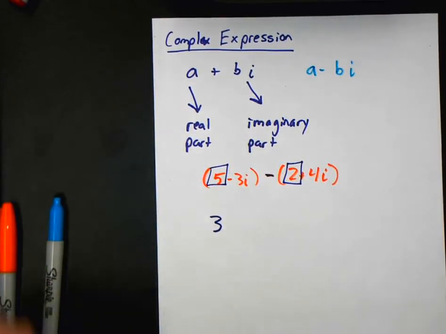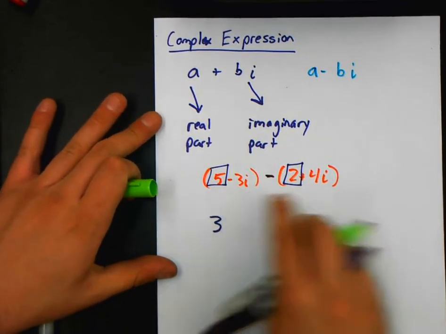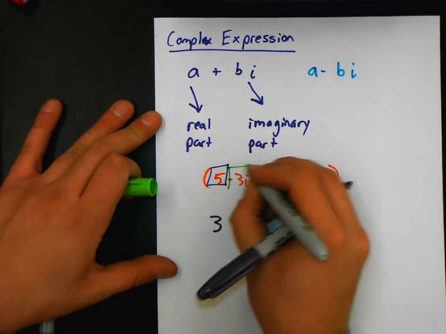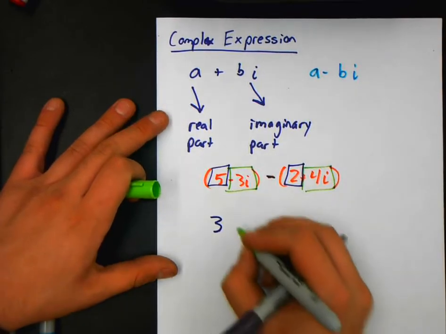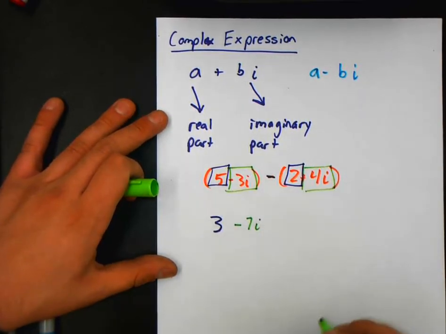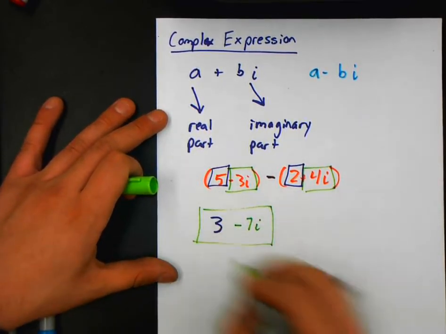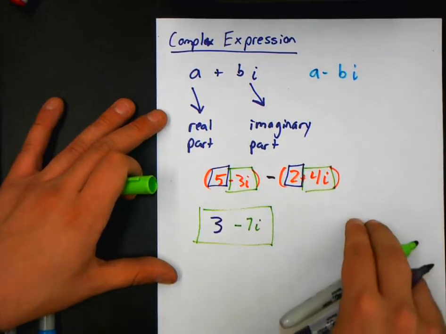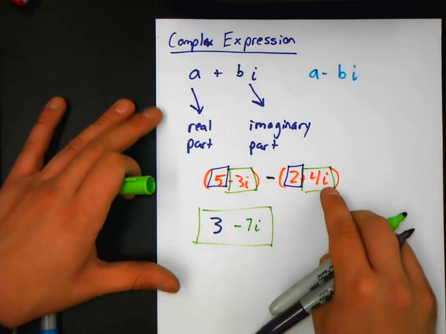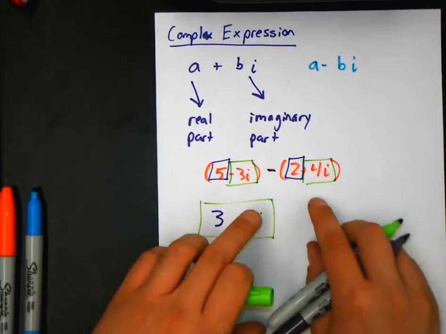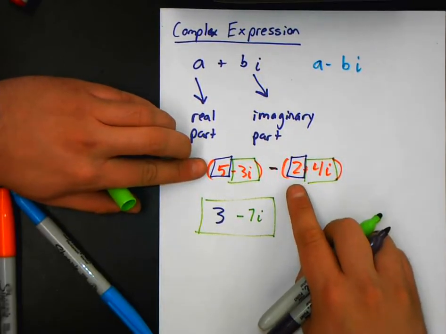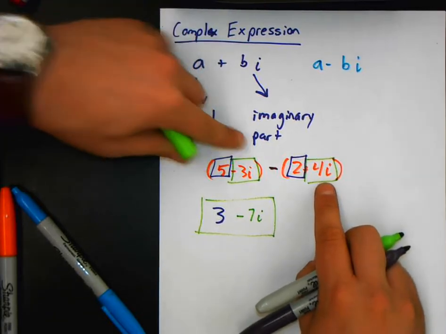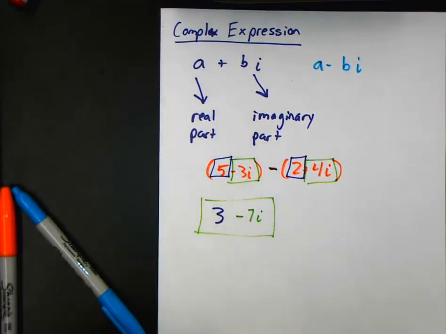And then if we look at our other like terms, which are i's, negative 3i minus a positive 4i, we get a negative 7i. This is the simplified solution of this expression. I'm treating my i's just like I would with my x's. I'm combining like terms, where all of the purples are like terms, the numbers by themselves, and all of the greens are my like terms, all of the imaginary parts by themselves.